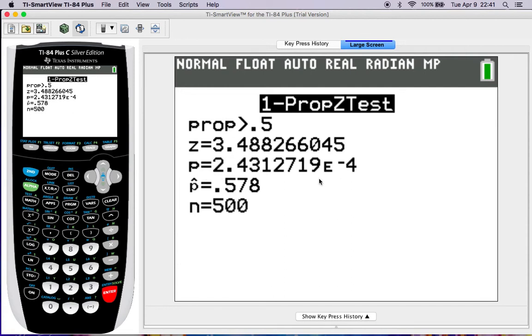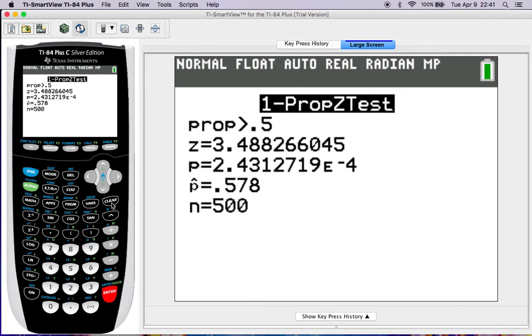So come over to the end and see if it's in scientific notation, which it is, e to the negative 4, which means you have to move the decimal 4 places to the left and fill in with zeros. And then our p-hat value. You can use this and then go to step 4 and determine whether you should reject or not reject based on this p-value and the stated alpha or level of significance in your problem.